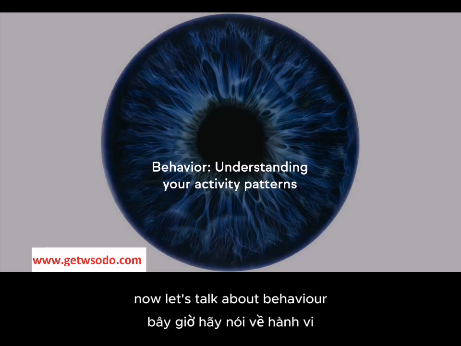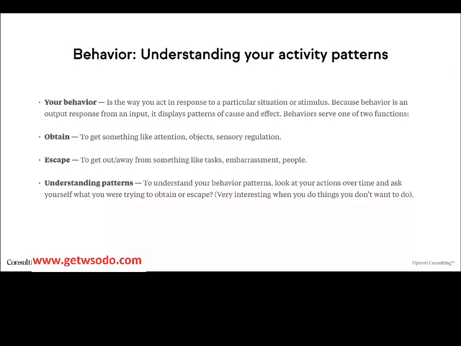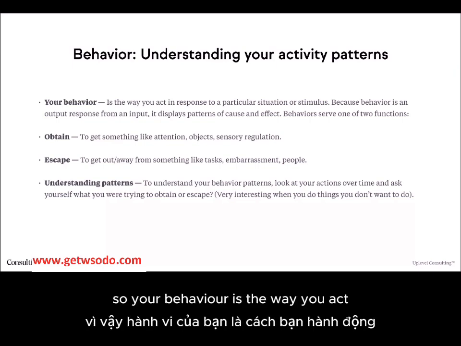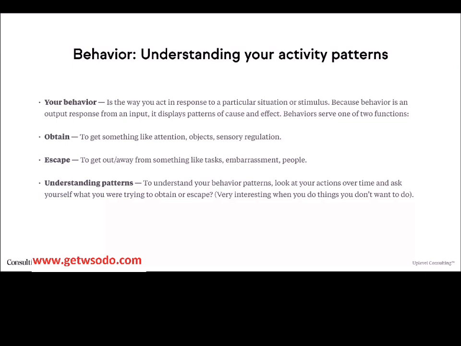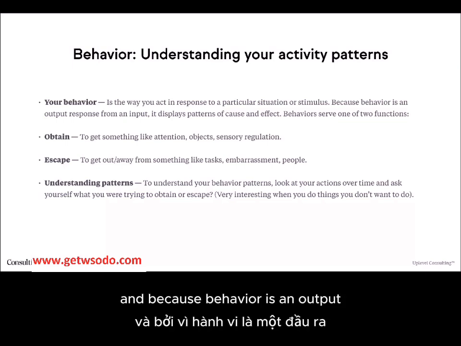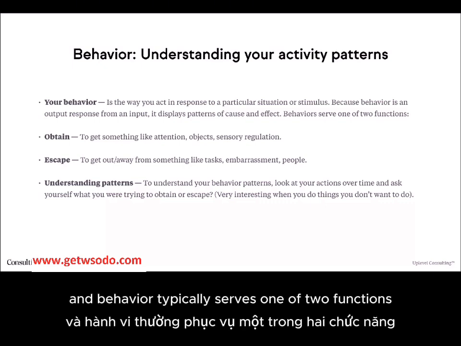Now let's talk about behavior and understanding your activity patterns. So your behavior is the way you act in response to a particular situation or stimulus. And because behavior is an output response from an input, it displays patterns of cause and effect. And behavior typically serves one of two functions.